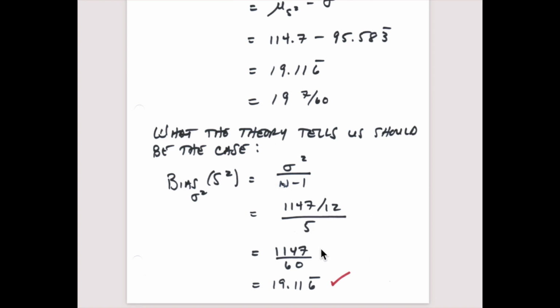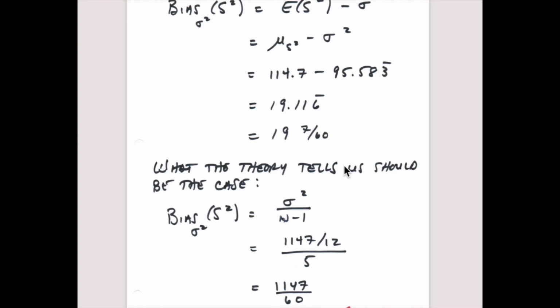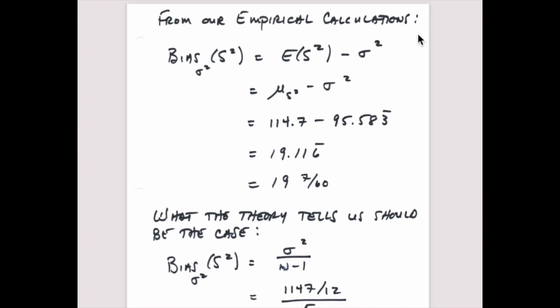That's 1147 over 60, which again is 19.116 repeating, or 19.117. So we see that we get the exact same value, right? The value of the bias of S squared as an estimator of sigma squared given by the theory is exactly equal to what we obtained empirically for this example.